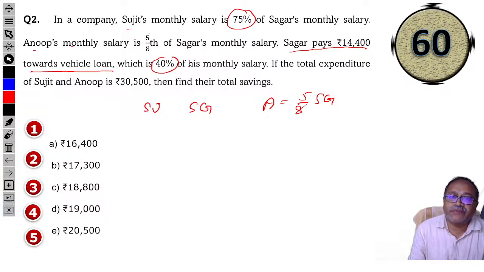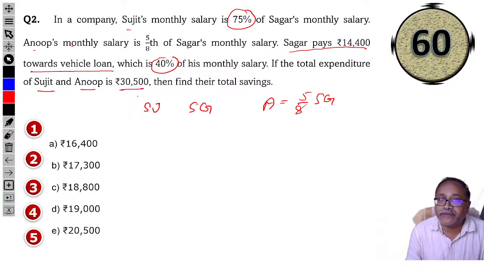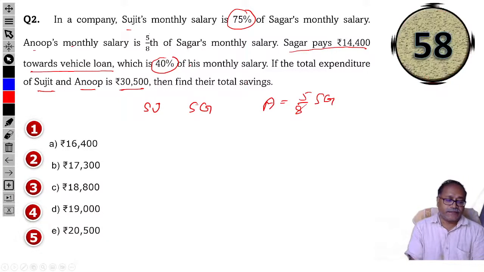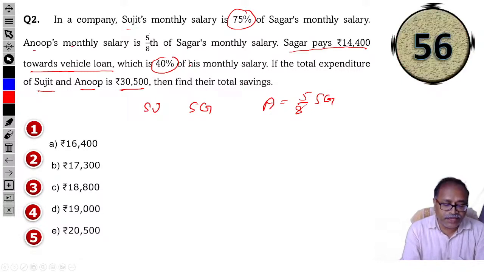So by this statement, I will get Sagar's monthly salary. If the total expenditure of Sujit and Anup is 30,500, then find their total saving. Beautiful question, my friend. Here your time starts.